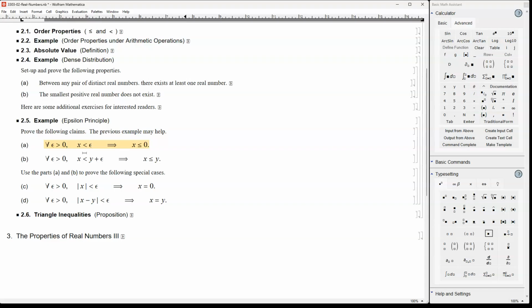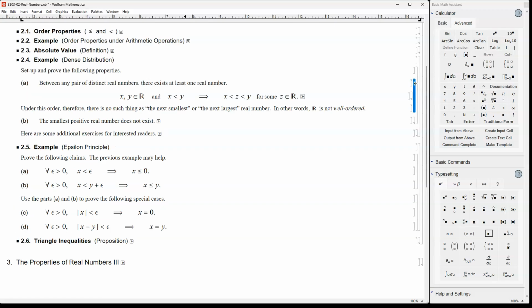If x is a positive real number, then that's smaller than every positive real number, so it's the minimum, but the minimum does not exist. We already established that, right? So from A, the dense distribution of real numbers, we got part B, the smallest positive real number does not exist, and then that leads to the first epsilon principle. A real number that is less than every positive real number epsilon has to be less than or equal to 0.